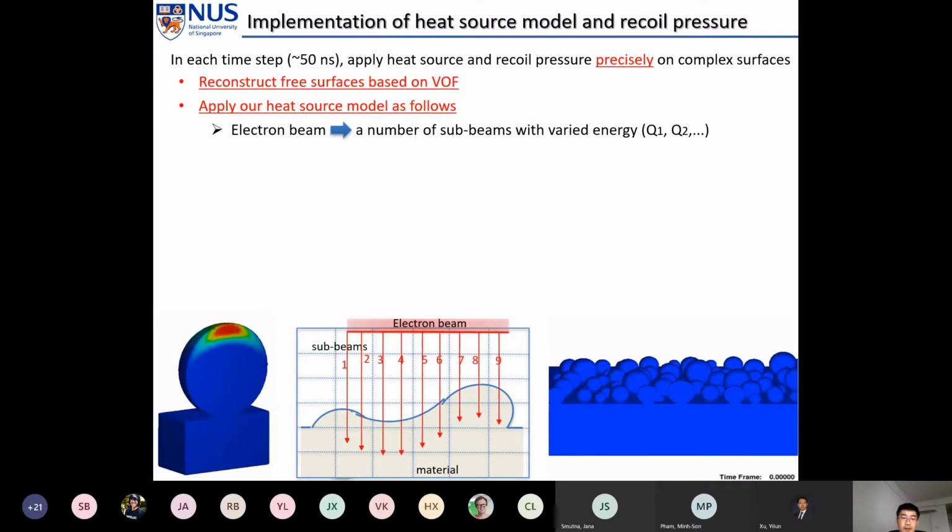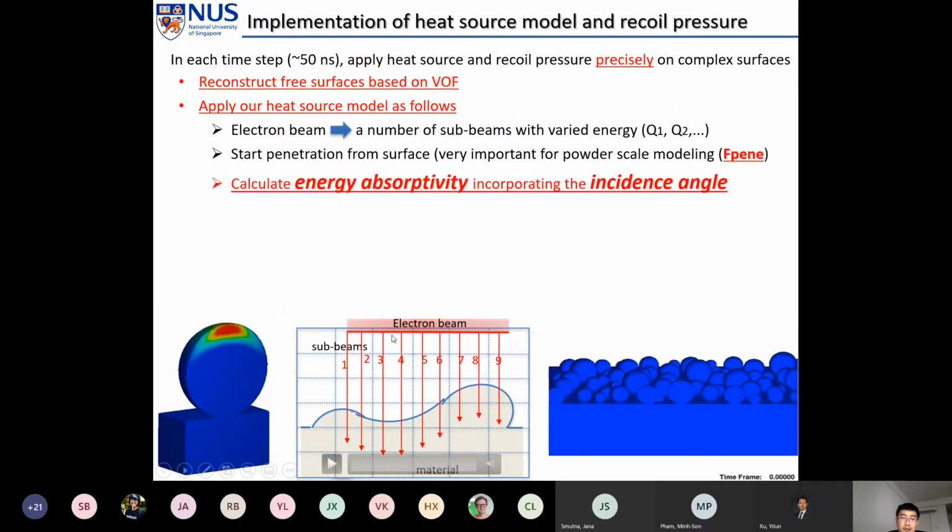And the energy of each sub-beam is different depending on its location in the cross section. And then we find the free surface and start the penetration from the surface.